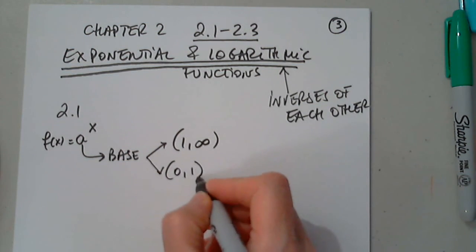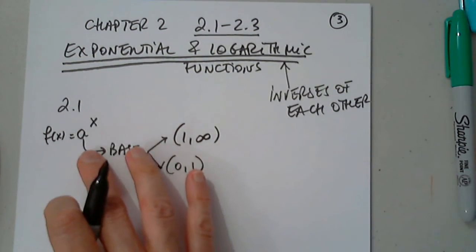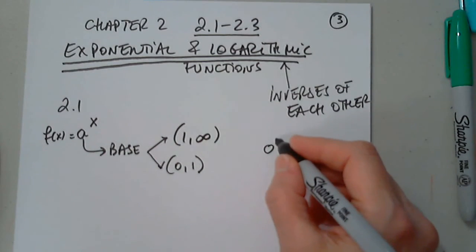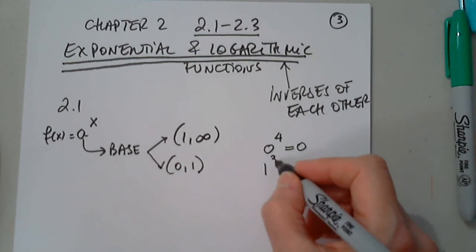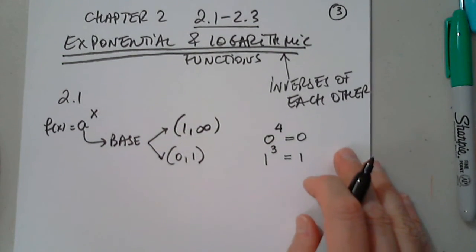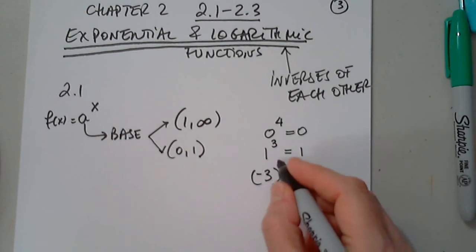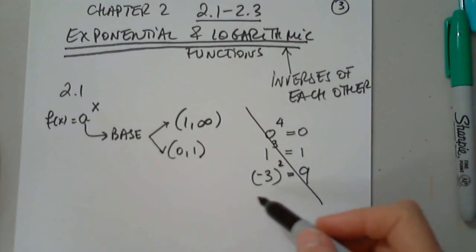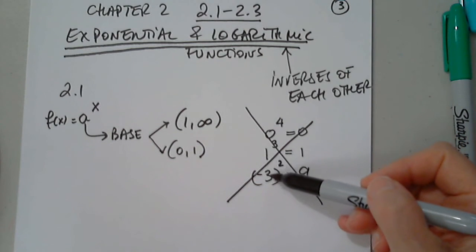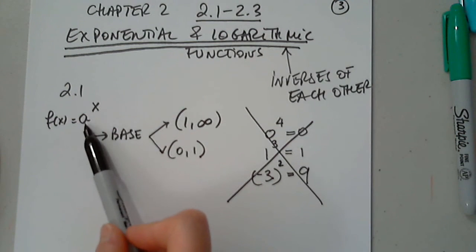Or between 0 and 1. So what I'm telling you is, although 0 to the 4th power exists, is 0, or 1 to the 3rd power exists, is 1, or -3 to the 2nd power exists, is 9, these three bases, 0, 1, or negative, are impossible for this function.